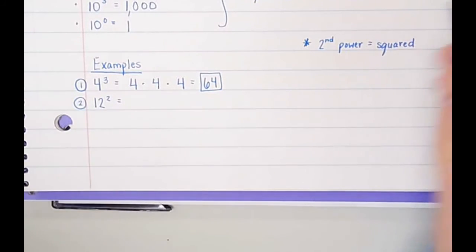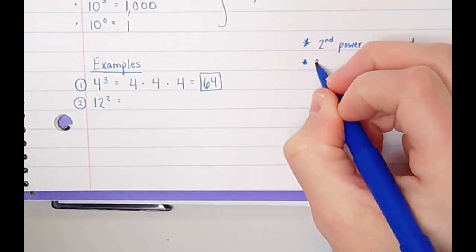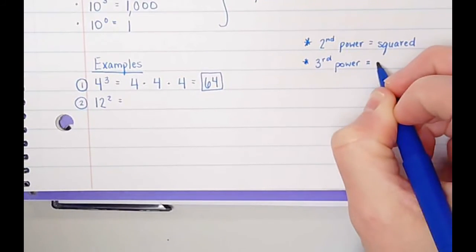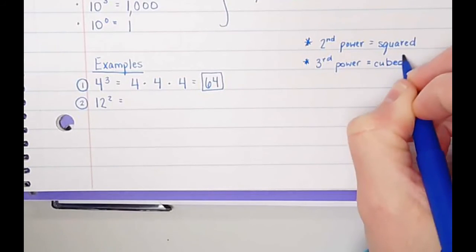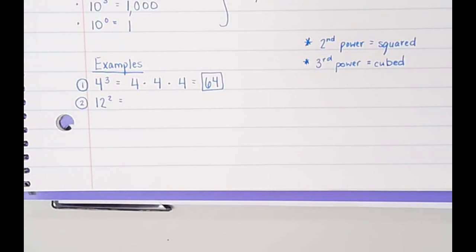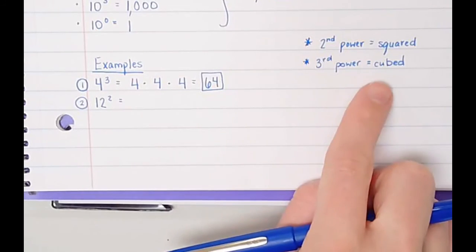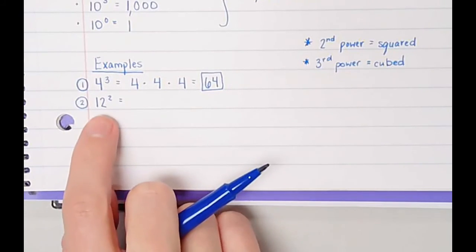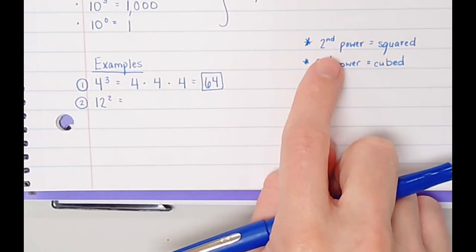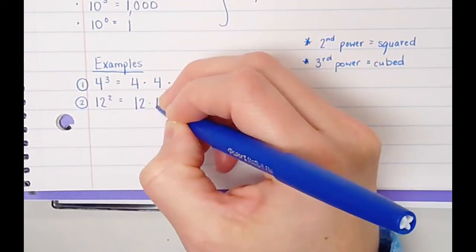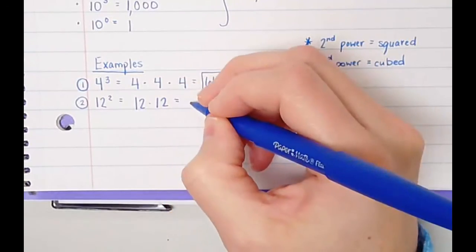And then if you do the 3rd power, it equals cubed. Okay, so you can say 4 to the 3rd power, or you can say 4 cubed. Same thing for here. I can say 12 to the 2nd power, or I can say 12 squared. So if it's 12 to the 2nd power, that means I'm doing 12 times 12, which is 184.